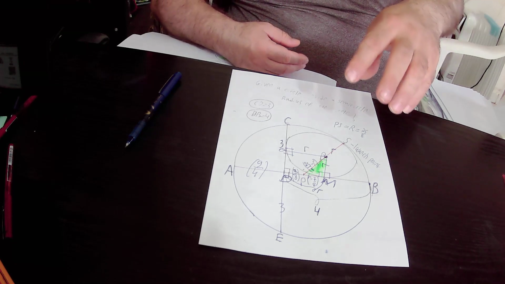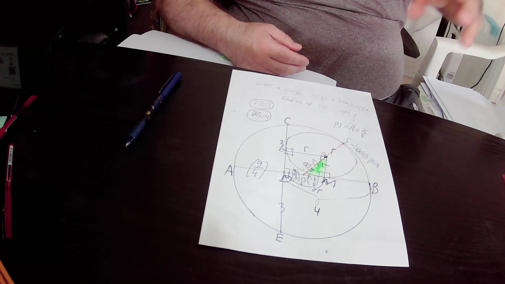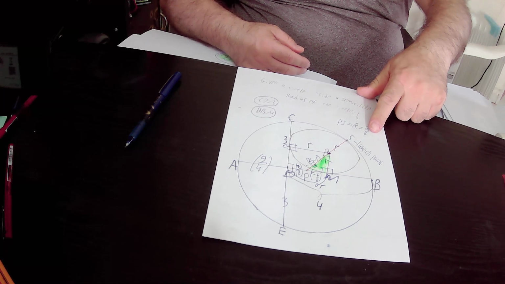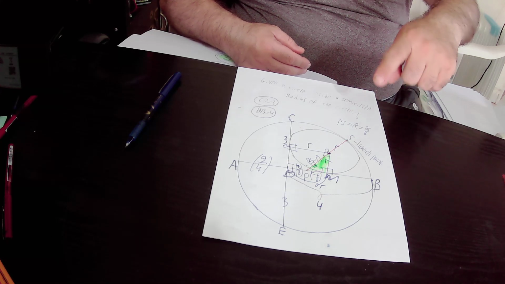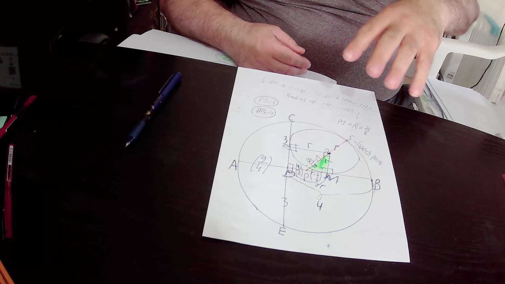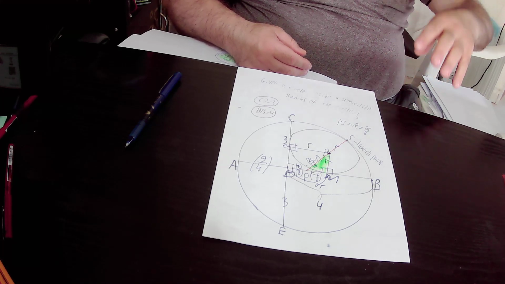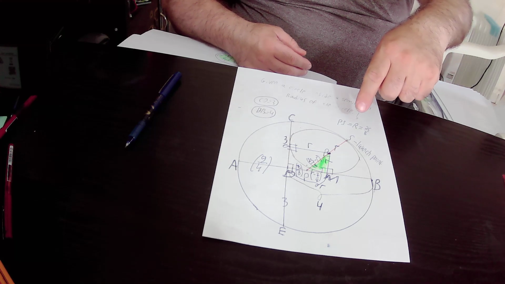So in this drawing, we have an internal tangency between the big circle and the small circle, touching each other internally at point S.